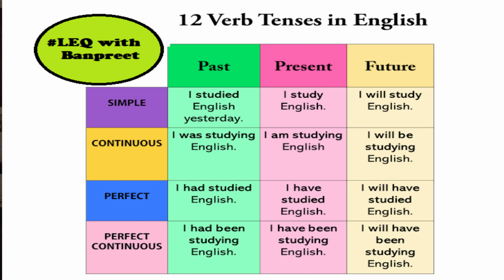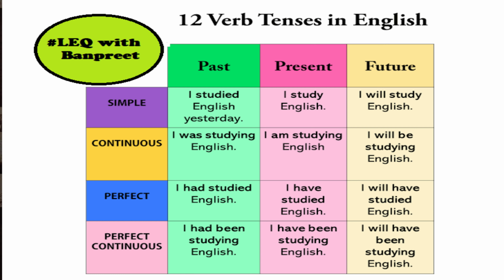So on the screen there are 12 verb tenses in English. I have made the columns so it is easy for you to understand. On the left side you can see simple, continuous, perfect and perfect continuous, and on the top it is past, present and future. Now you have to relate each column with the row.